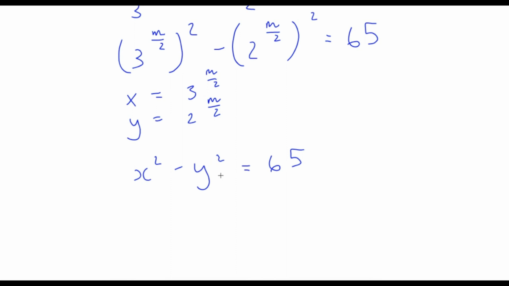So now let's go ahead and solve this problem. If we have something in the form a squared minus b squared, this is equal to a plus b times a minus b.